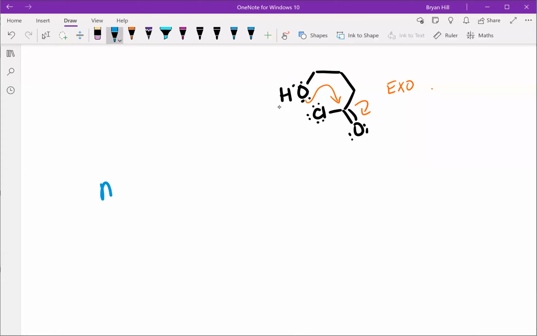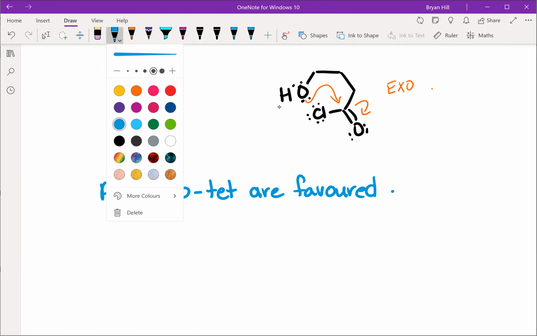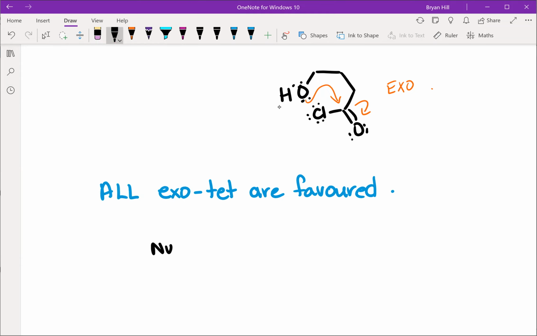So essentially all exo tet are favored. So some internal nucleophile, I guess I shouldn't make that chain that big, but if you've got some leaving group, all of these types are going to be favored.